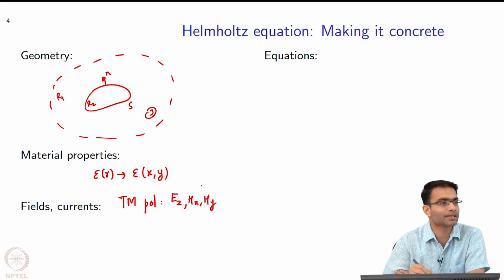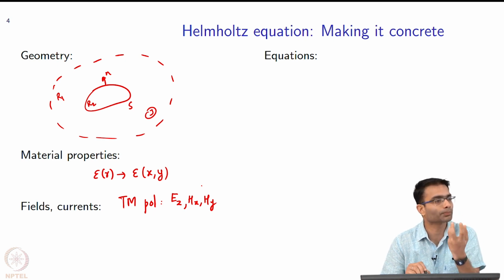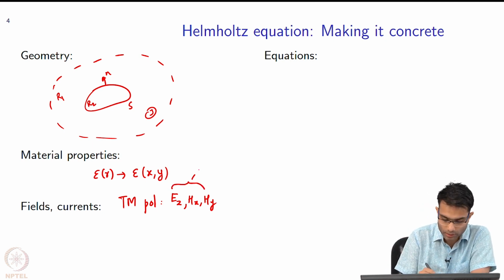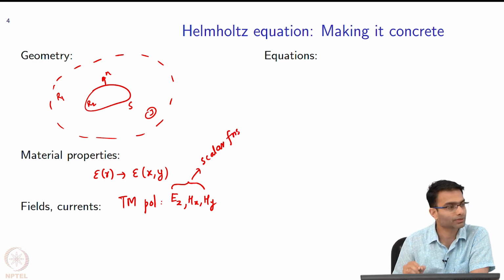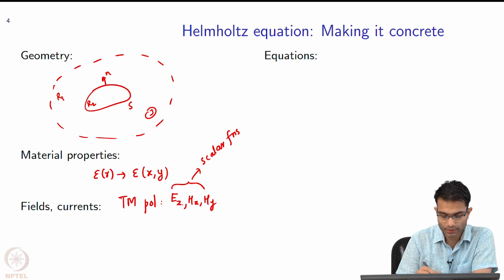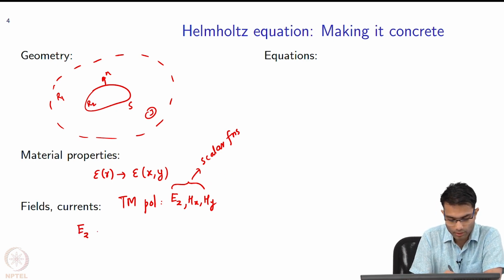Each of these 3 quantities are scalars, right. Ez is a scalar, it is the z component of the electric field. So, all of these are scalar functions.